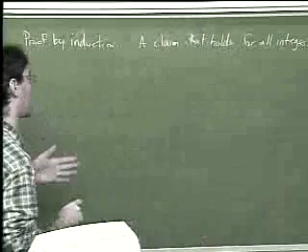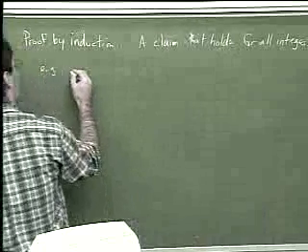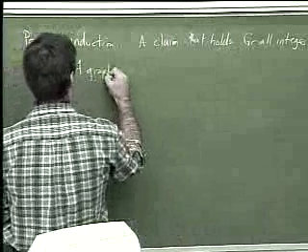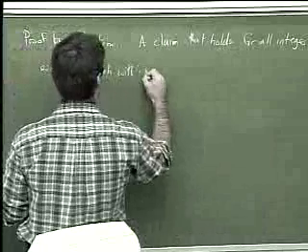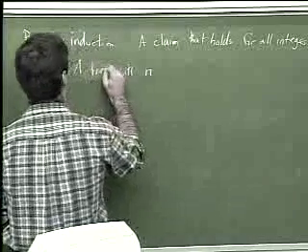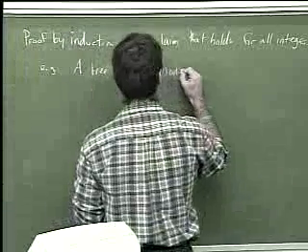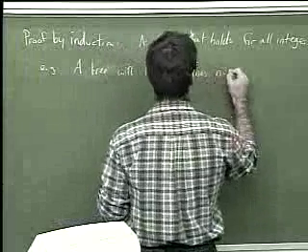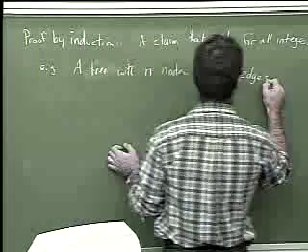So for instance, here our claim is that a tree with n nodes has n minus 1 edges.